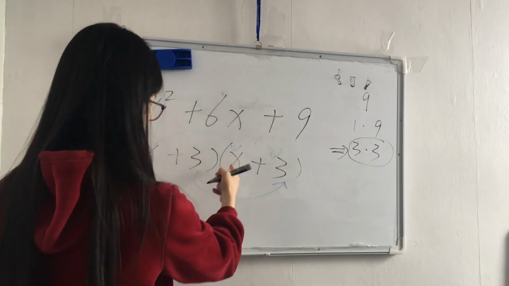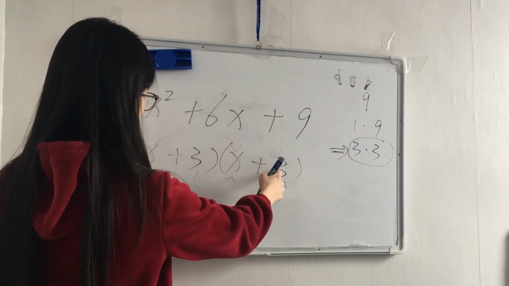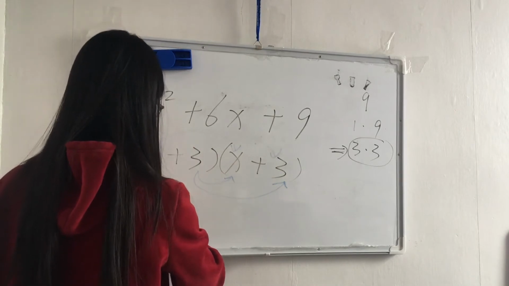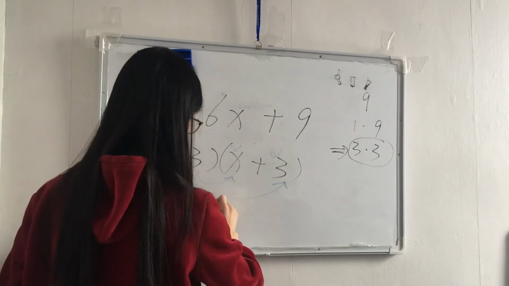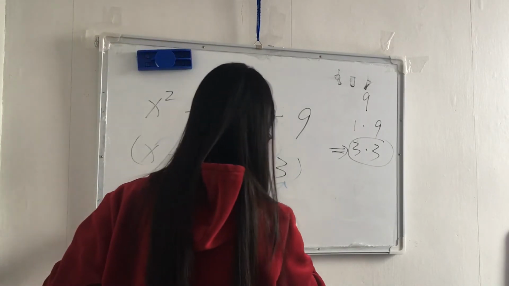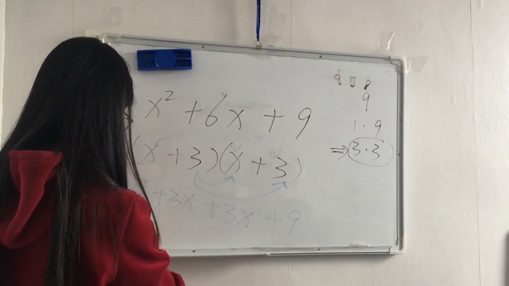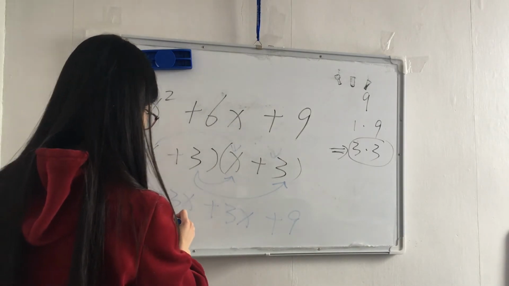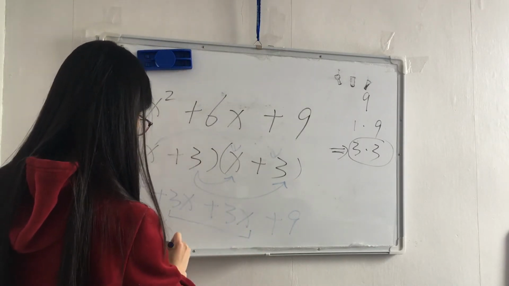x times x is x squared. x times 3 is 3x. 3 times x is 3x. 3 times 3 is 9. Then we combine the like terms. This is x squared. 3x plus 3x is 6x.